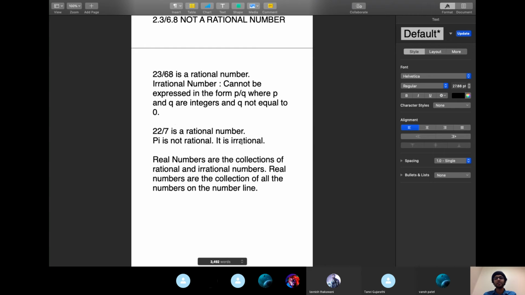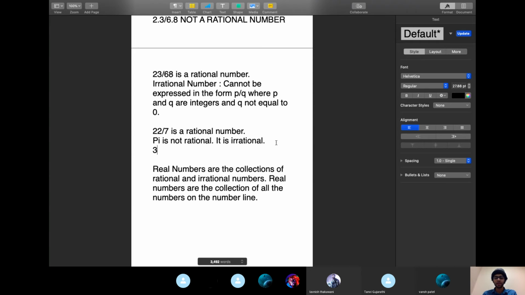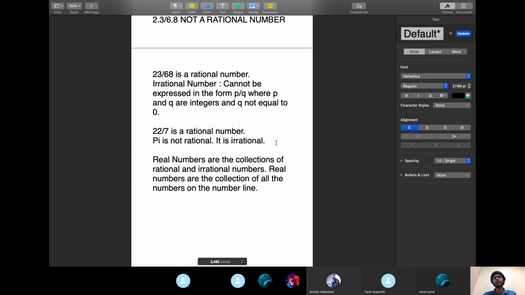But in reality, pi looks something like, and something like it just keeps going on and on and on. There's no pattern to it. You can look up the actual value of pi online and computers have calculated it to tens of thousands of digits, but there's absolutely no pattern and the number just keeps going on and on.